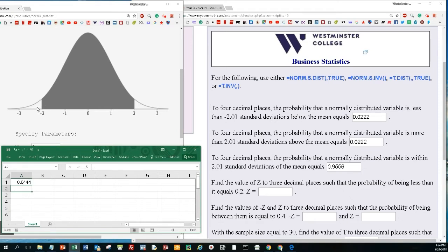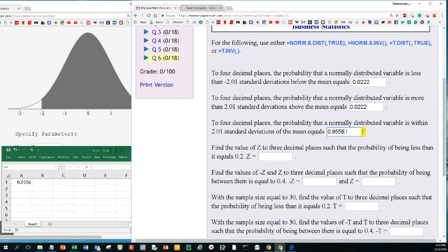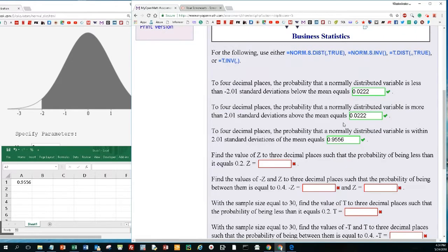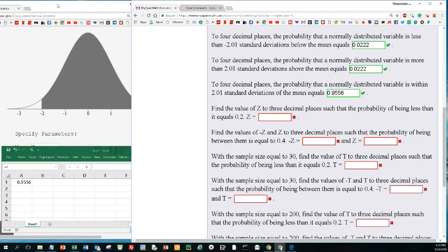So now I have that area plus that area. And then I'll subtract this from 1. And I get 0.9556, the area in the middle. Okay, now for the next set of problems, let's go ahead and hit enter or submit to see if we got these correct. And we did. So now we're going to move on to the next set of problems.